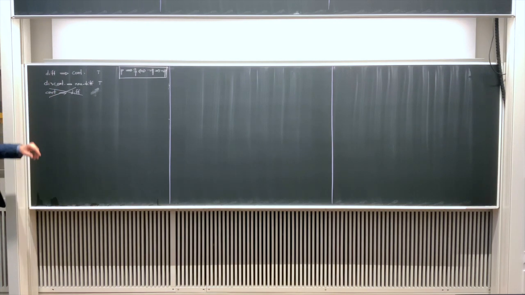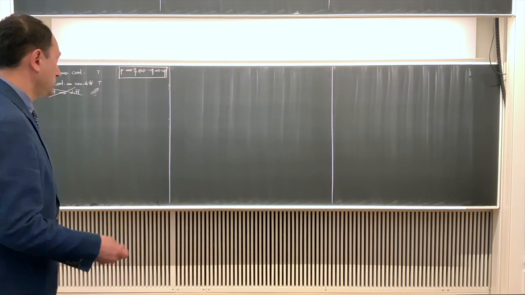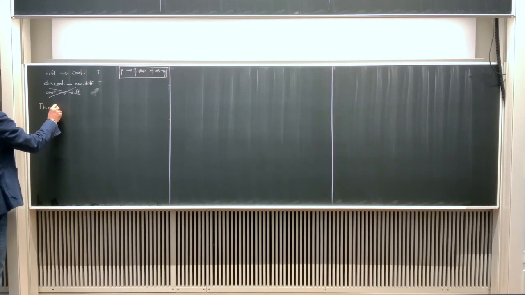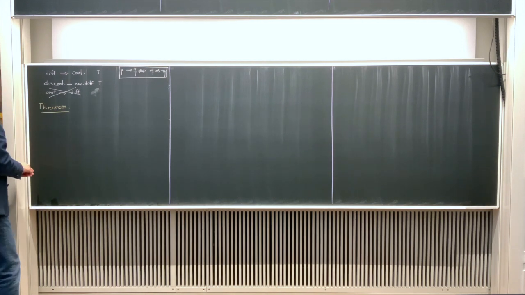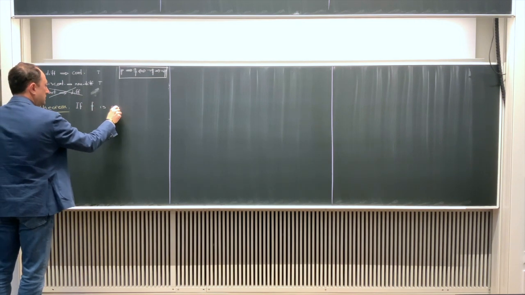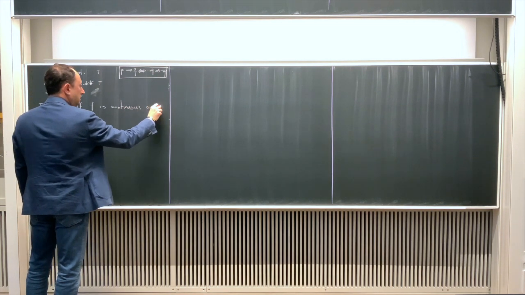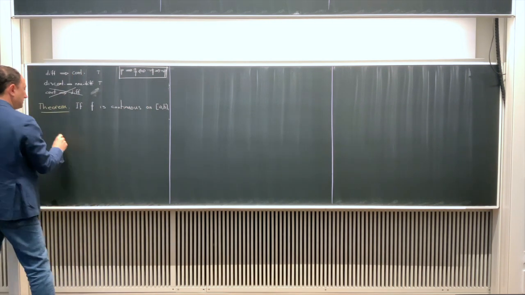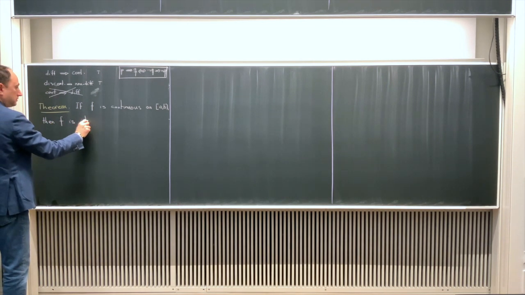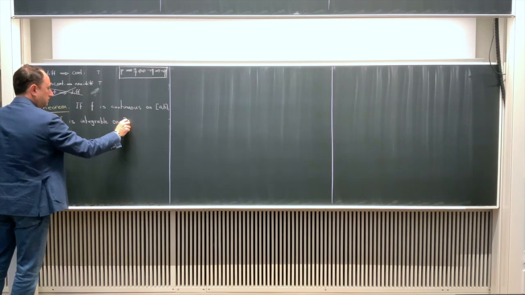Yes, we want to find another relation between integrability and continuity without proof, because the proof is higher than the level of this course. So the theorem is this: if f is continuous on a and b, then f is integrable on a and b.